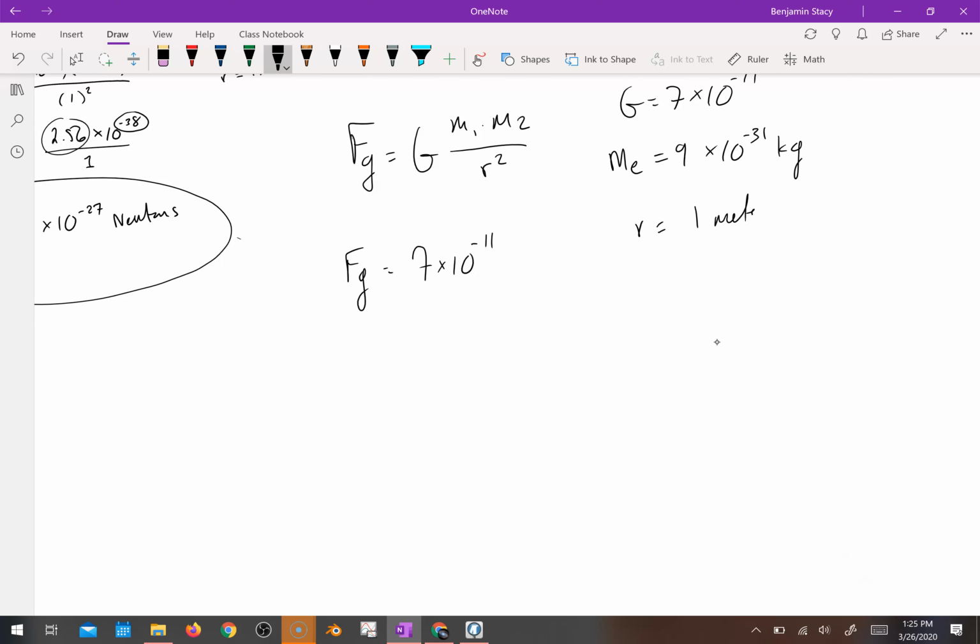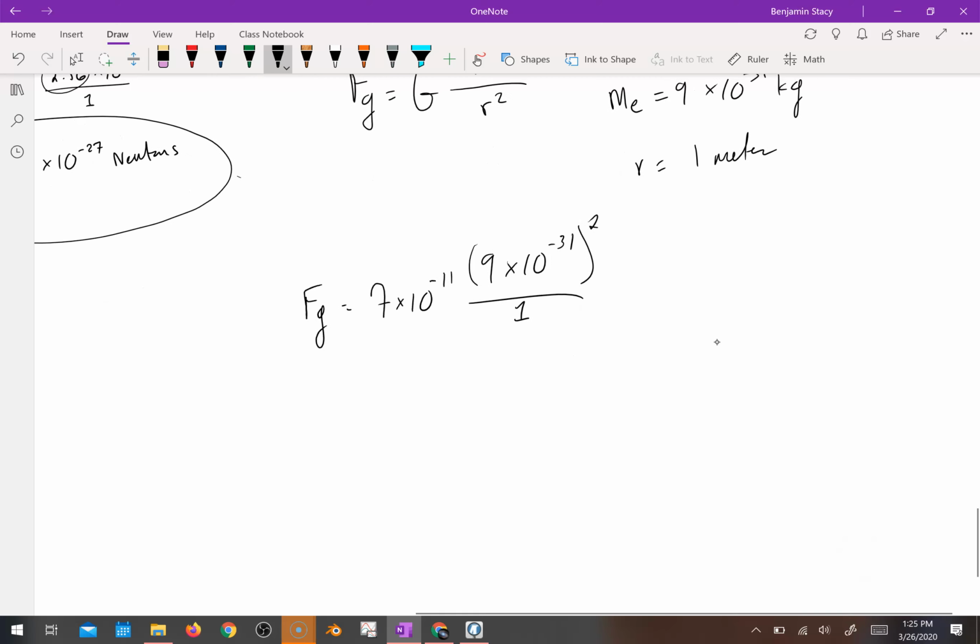So Fg, the force of gravity between two electrons, is going to be our universal gravitational constant times our mass, 9 times 10 to the minus 31. We have 2 electrons, 2 masses, so we'll square it. Divided by distance, 1 meter apart squared, is just divided by 1.